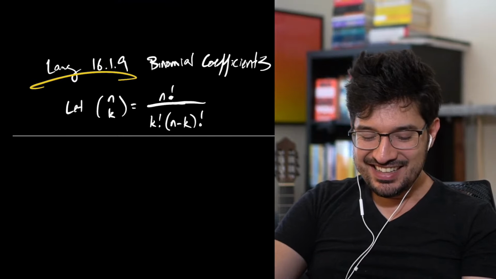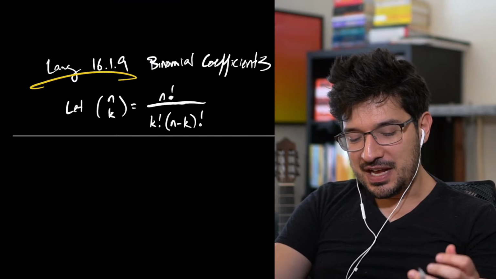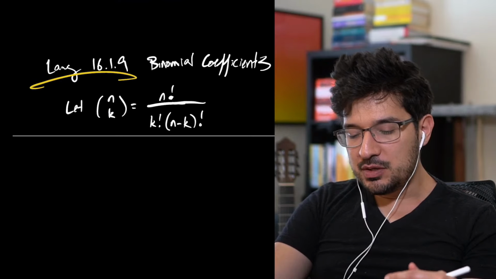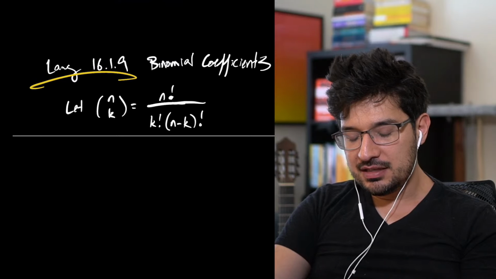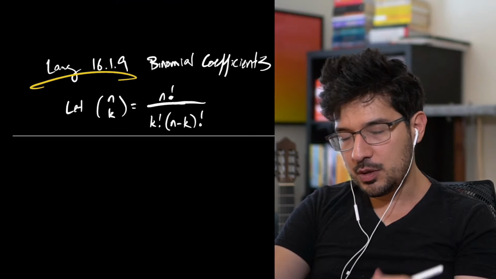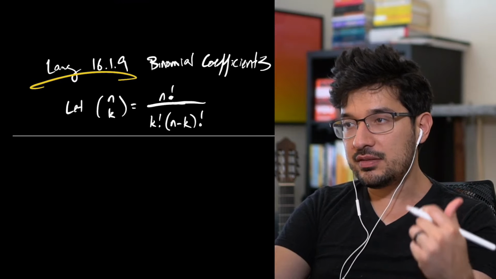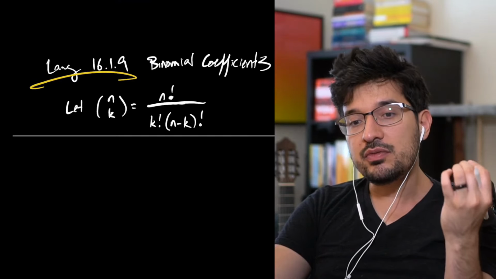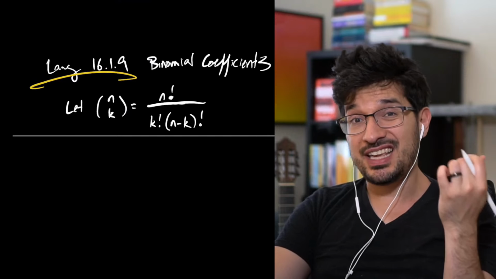We're going to define a binomial coefficient to be n choose k, and I can give a lot of motivation and color around this that motivates how this is related to counting.